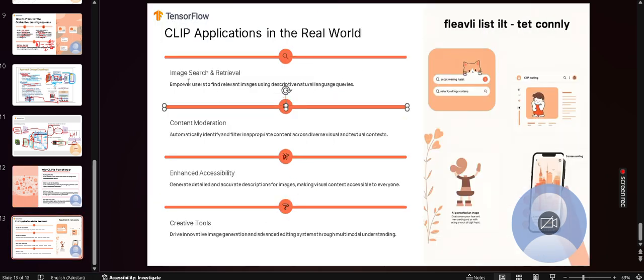One application would be image search and retrieval. If the model is trained, you can pass a caption and it can find the relevant images from anywhere, because it has already learned which caption best describes which images, right?